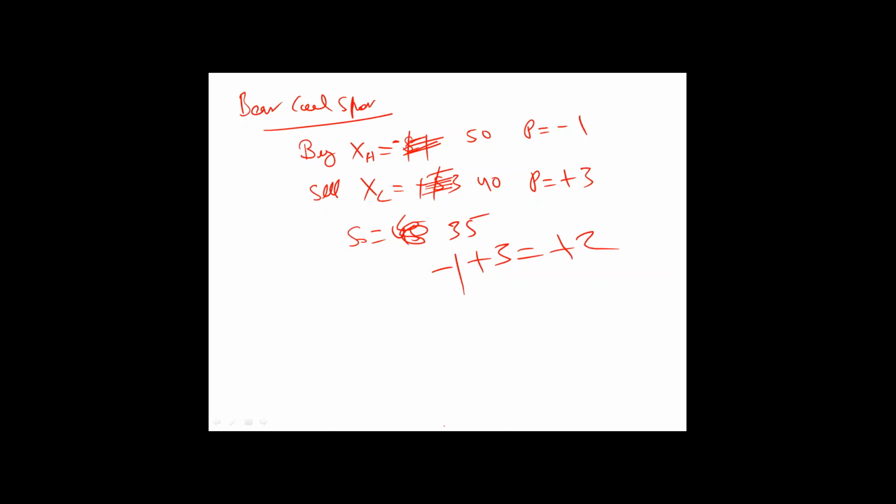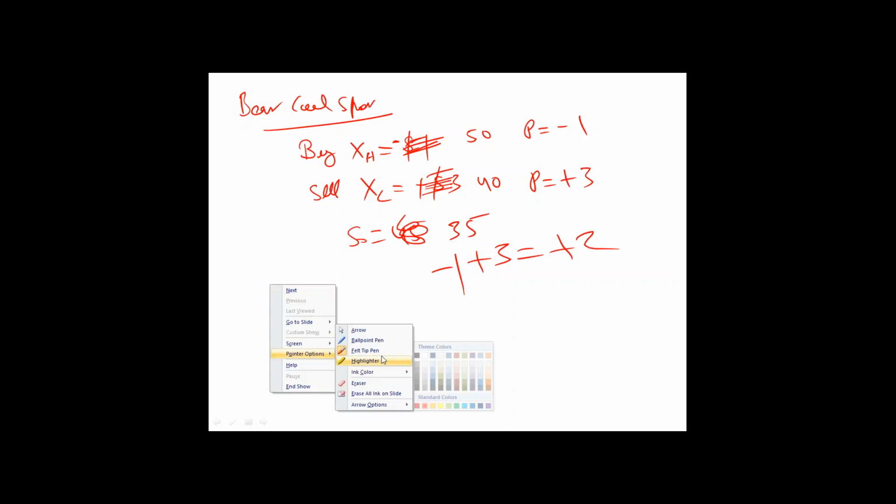Now, similarly, you can do the same thing using a put also. Let's suppose an investor sells a put. So what you do is you look for a put with a lower strike price.